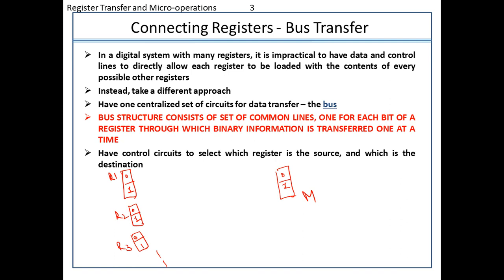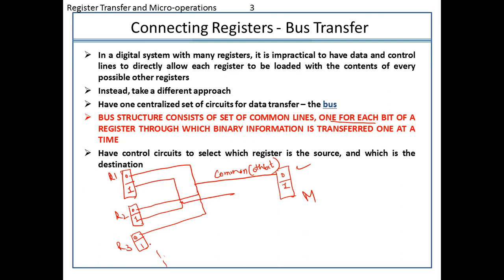For the zeroth bit, across those n registers which are attached here, I could have one common line to transfer the zeroth bit position to this particular register. Similarly, there will be another common line for transferring bit position 1.